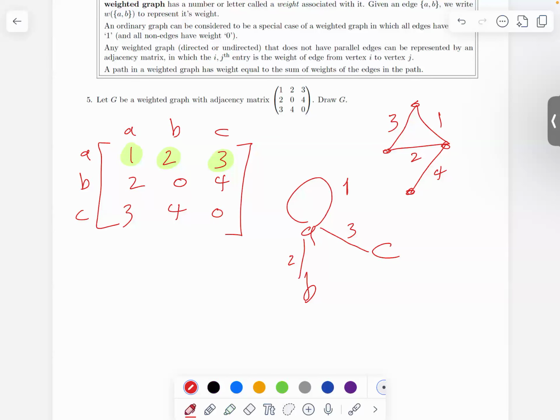B to C is 4. I don't need to analyze the rest because it's an undirected graph. It is possible to have a directed graph, but this is undirected, so it is symmetric. Symmetric means the upper triangle is a mirror of the lower triangle: 4, 4, 3, 3, 2, 2, 1.